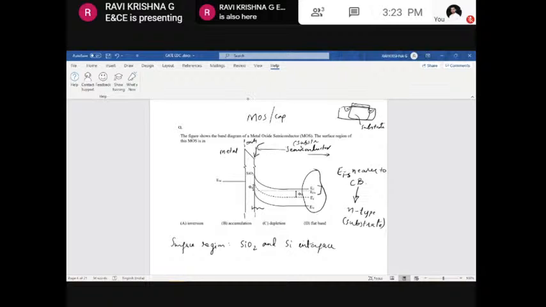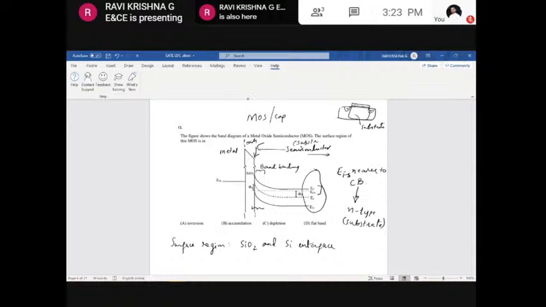Band bending happened here because the two different materials are joined together at this particular point.